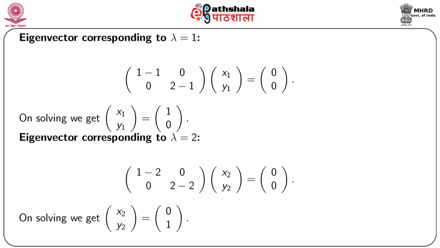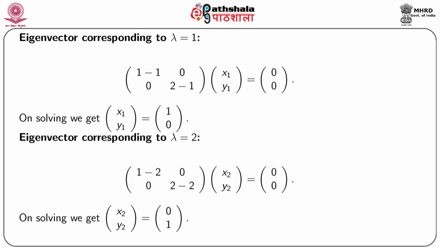In a similar manner, for the eigenvector for lambda equal to 2, we get the matrix [1-2, 0; 0, 2-2] times (x2, y2) equal to (0, 0). If we expand this, we get minus x2 plus y2 equal to 0 and 0 times x2 plus 0 times y2 equal to 0.